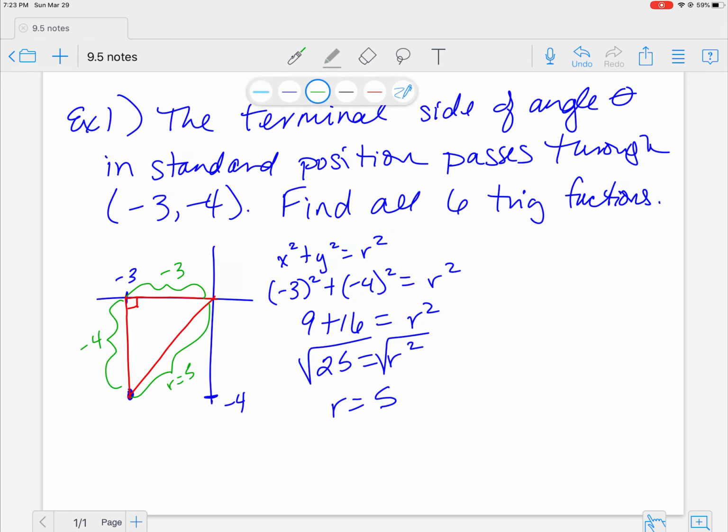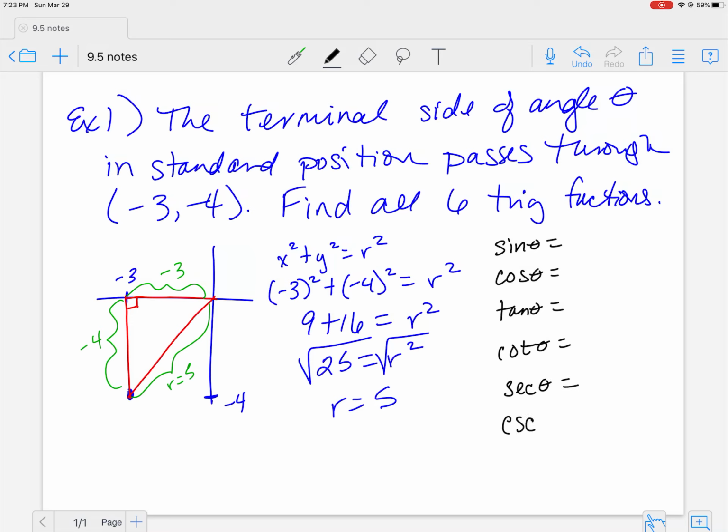All right, I'm going to scoot this over a tad because I was running out of room. Now we can find all of our trig values: sine of theta, cosine of theta, tangent of theta, cotangent of theta, secant of theta, and cosecant of theta.